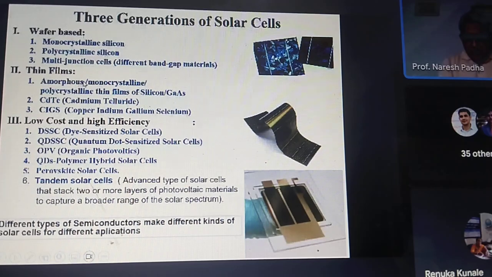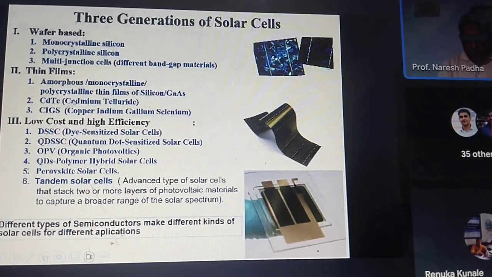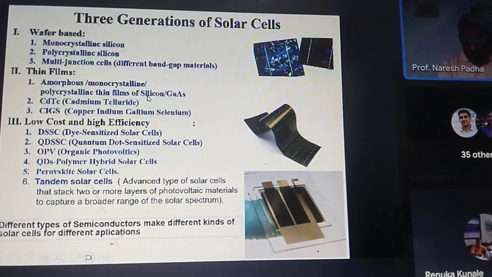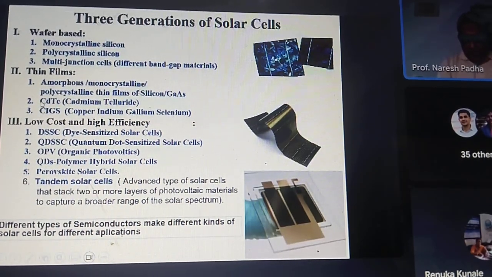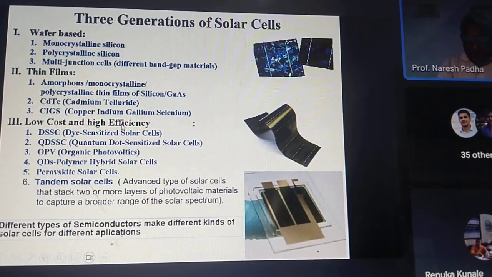Second generation, thin films: amorphous, monocrystalline, polycrystalline thin films of silicon, gallium arsenide. Another technology, cadmium telluride thin film solar cells, copper indium gallium selenium solar cells. Then low cost and high efficiency category.